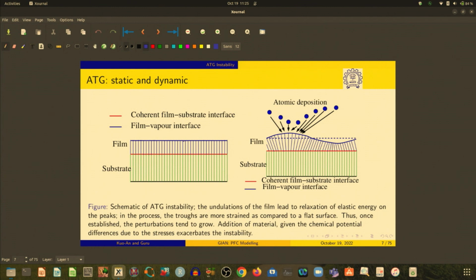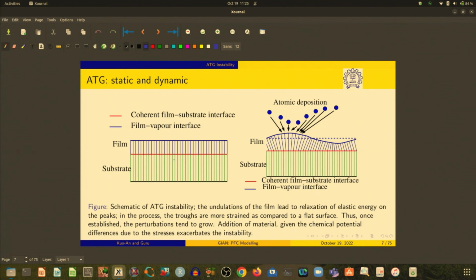Here is one schematic which shows why a film, for example, is expected to undergo ATG instability. I have a substrate and I have a film, they do not have the same lattice parameter when they are in equilibrium by themselves.